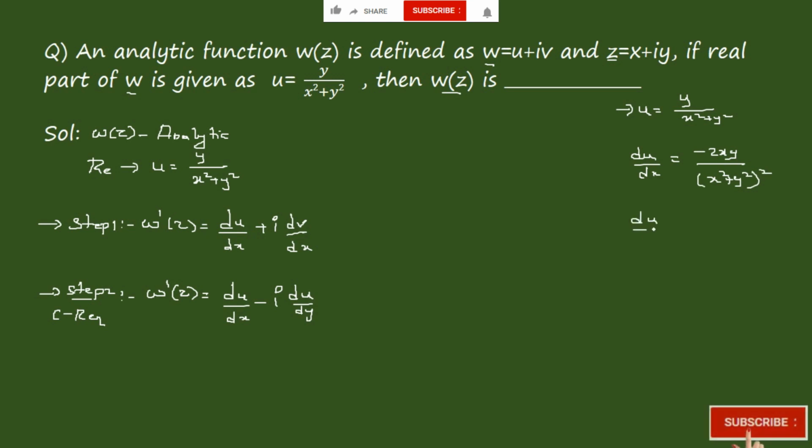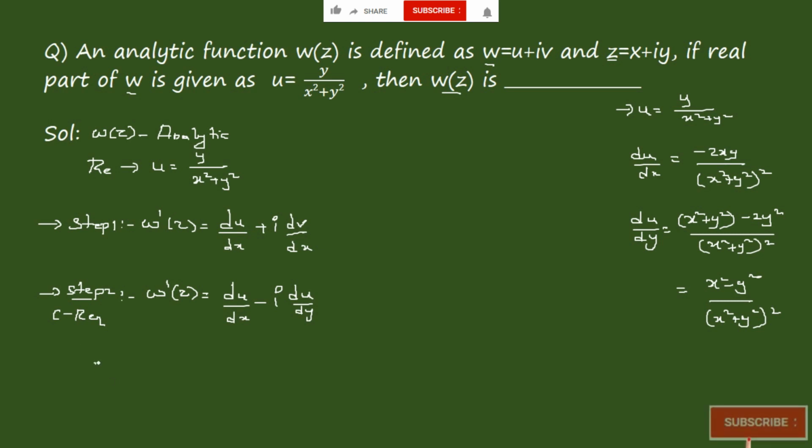Now coming to du by dy, it becomes x square plus y square minus 2y square by x square plus y square whole square, which is equal to x square minus y square by x square plus y square whole square, right?